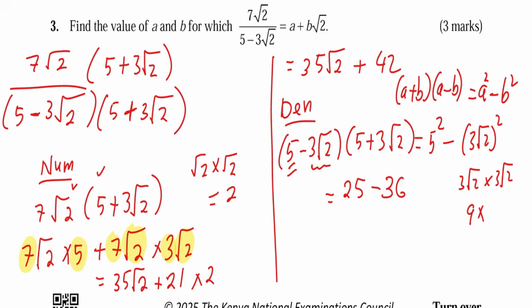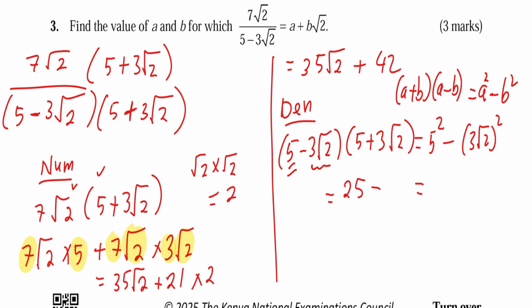So 25 minus 36 gives negative 10, negative 9. But is it true? Let me confirm it. I made a mistake somewhere. That 3 times 3 shouldn't be 36.